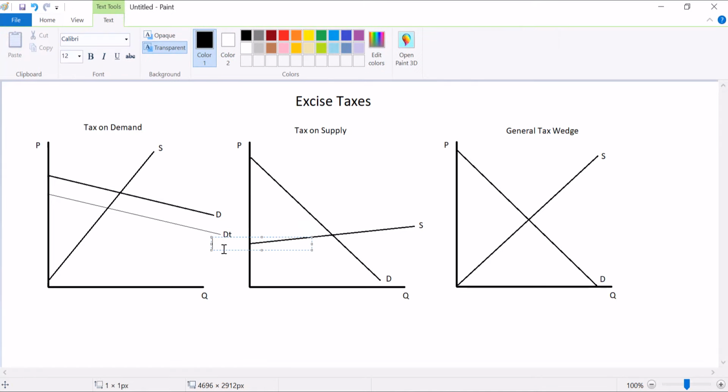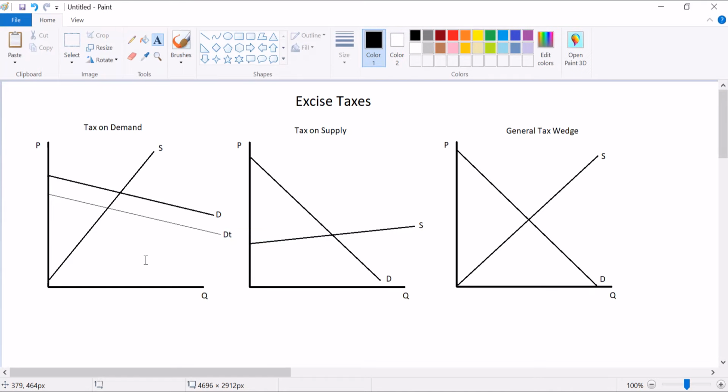Or you could say it's the demand curve minus the tax. We're subtracting the tax from what usually measures willingness to pay.